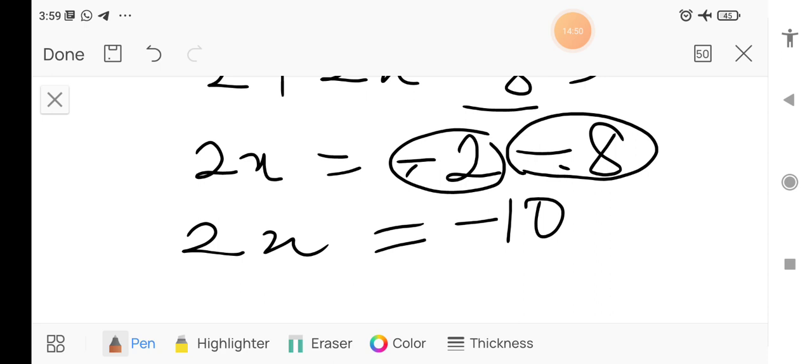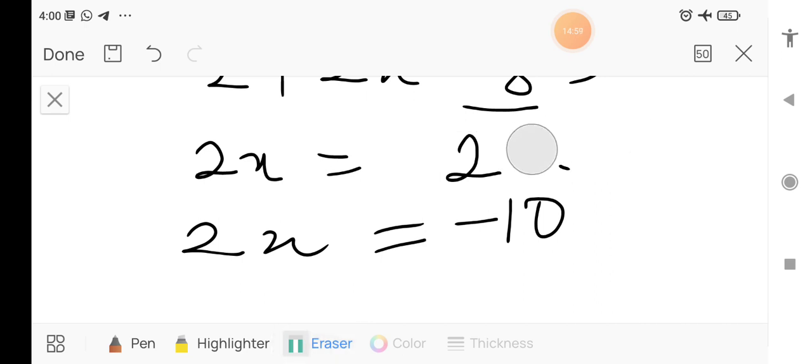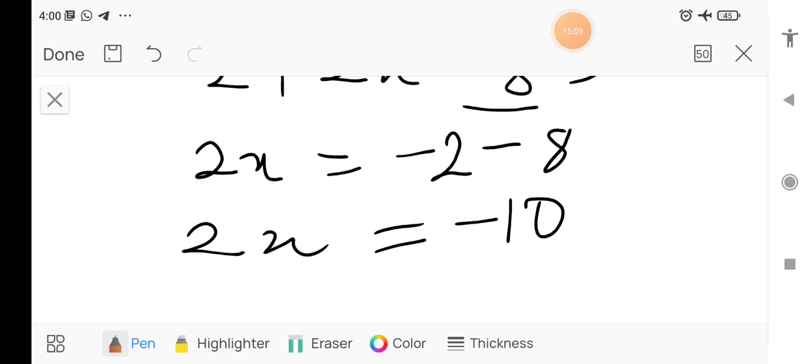It will be -10, because if you owe 2 naira, and then you owe an additional 8 naira, the total amount you'll be owing will be 10. So that's why this is minus 10 and not minus 6, as some of my students usually make that mistake.